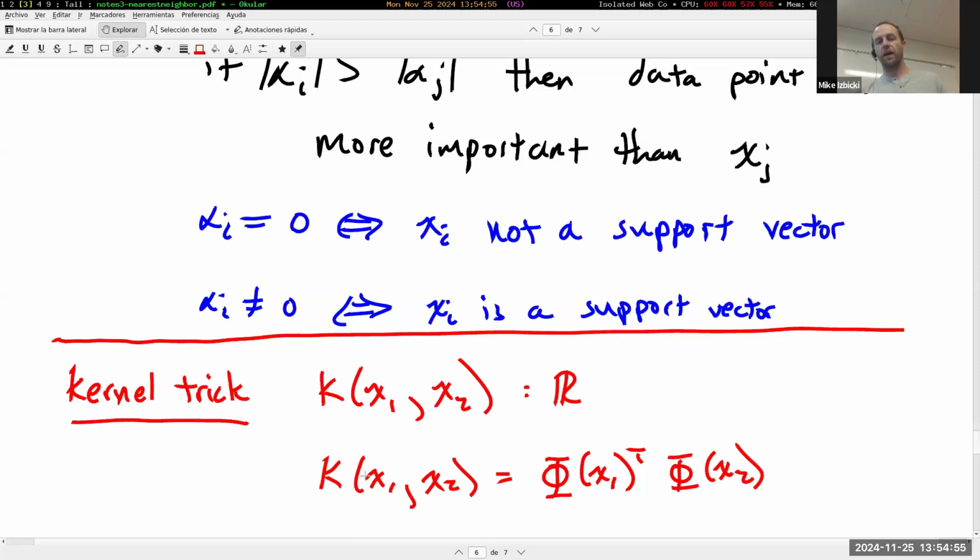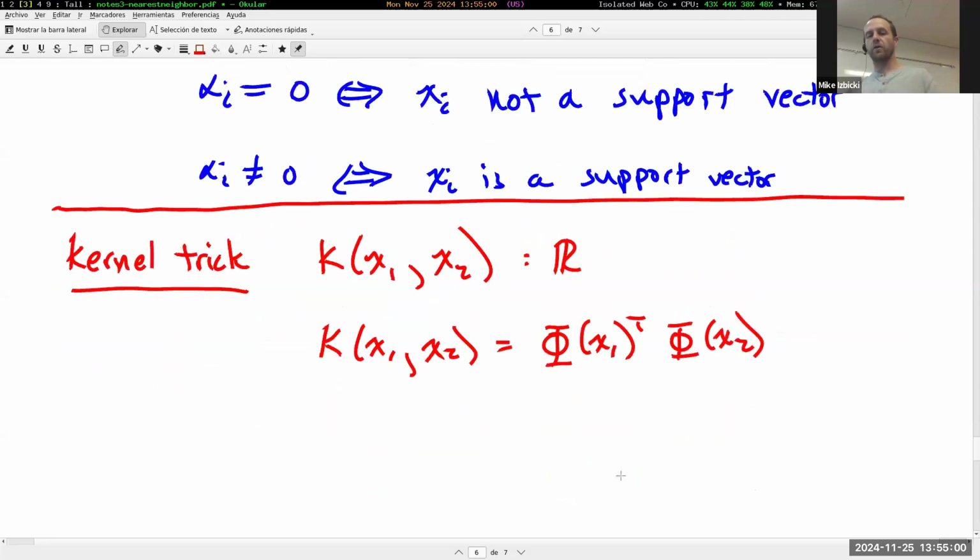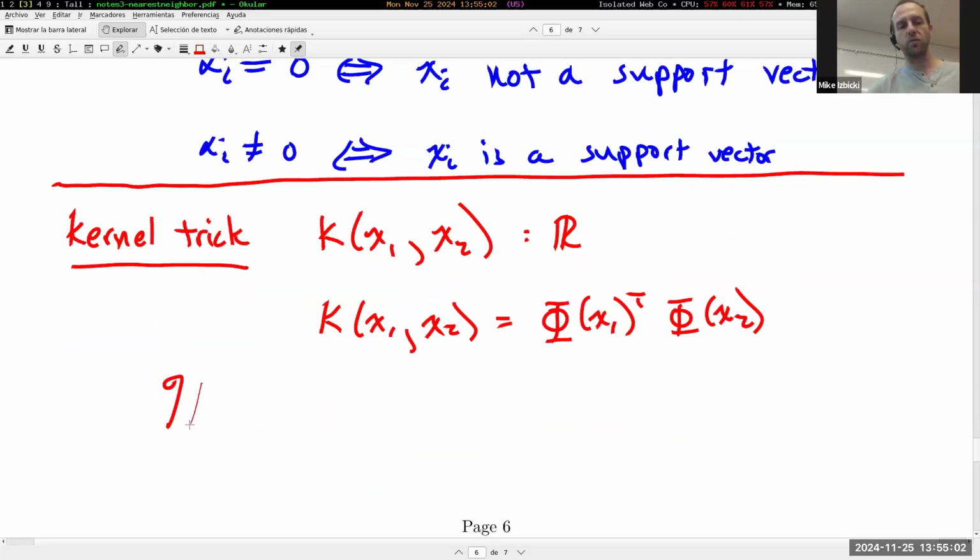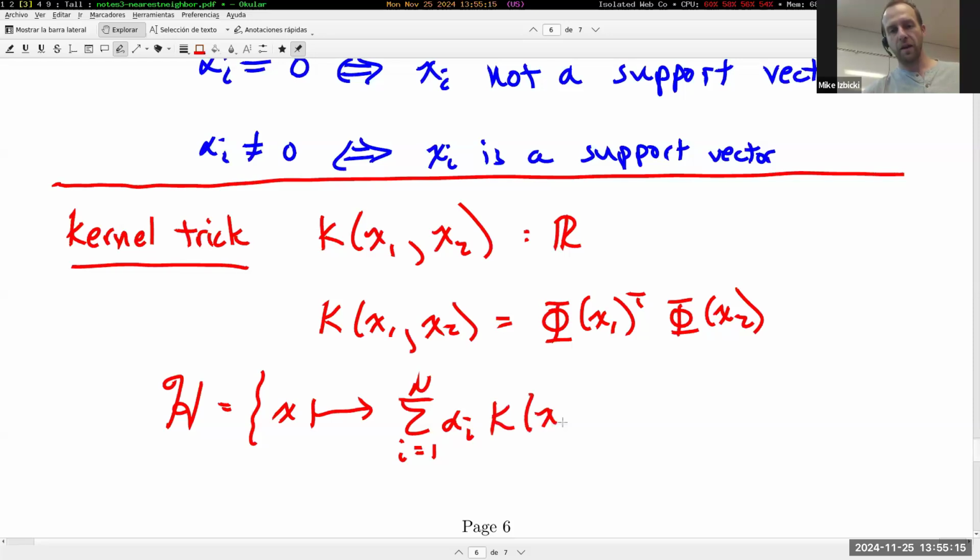If we had some k function equal to this, then we could rewrite our hypothesis class in the dual form. So this is the dual version of the hypothesis class: x maps to the sum from i equals 1 to n of alpha sub i times k of x sub i comma x, where alpha is in R to the big N.